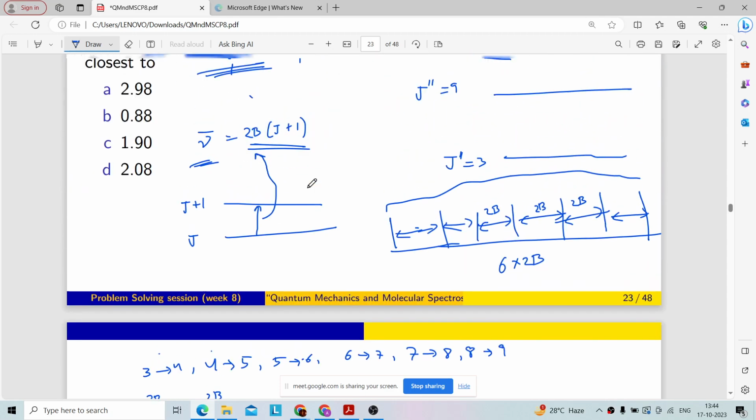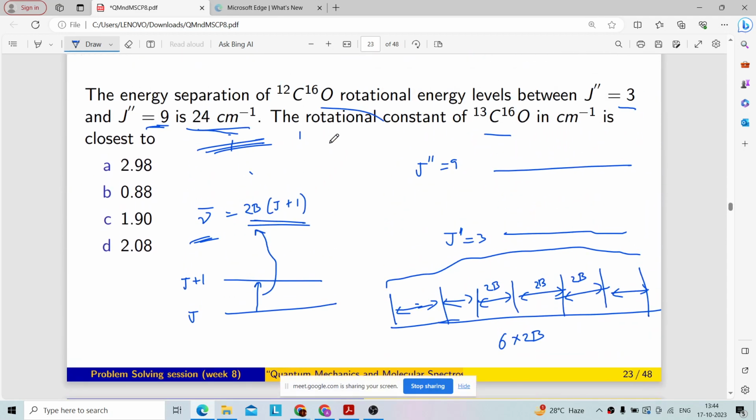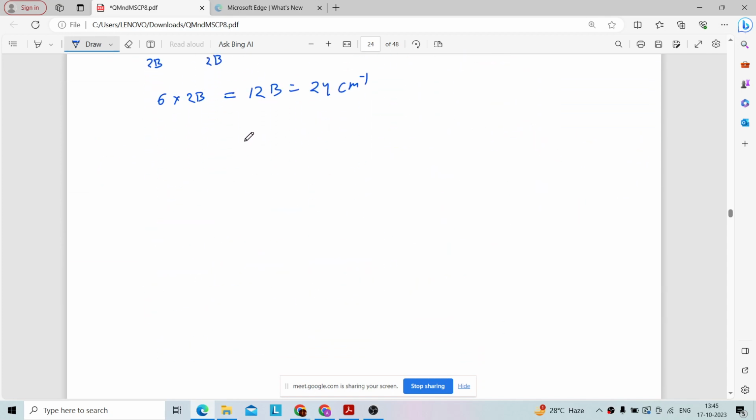So from this we can get B. There are two kinds of molecules, isomers: here 12C16O, and there 13C16O. B will be 24 over 12, which gives us 2 centimeter inverse. So B we got.